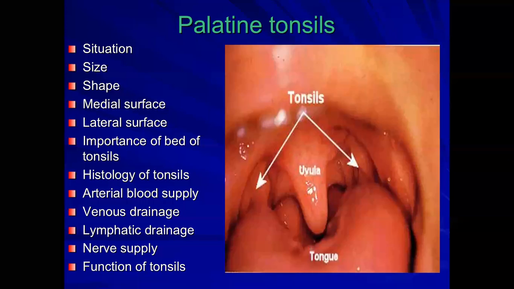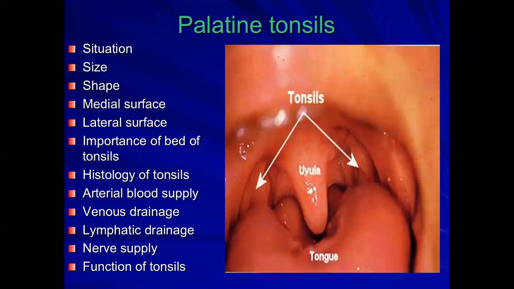This area is the palatine tonsil area, and these tonsils are named palatine. This is a hanging structure; you see that this one is the uvula.